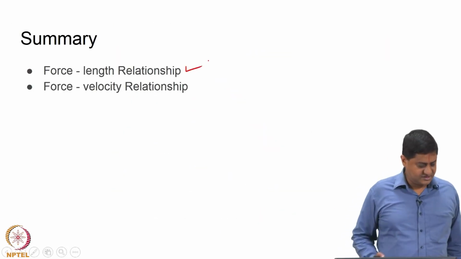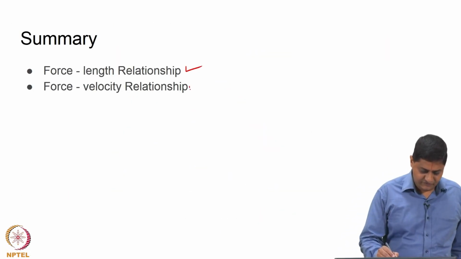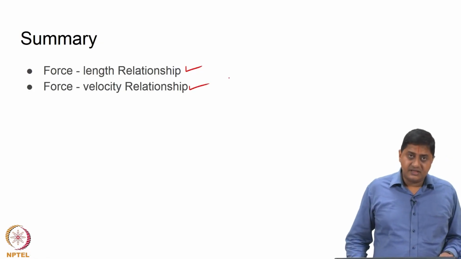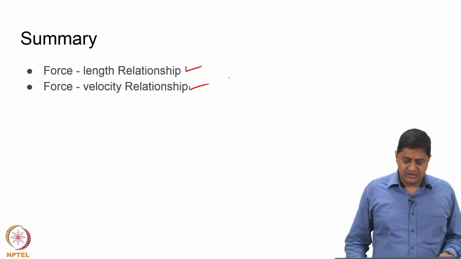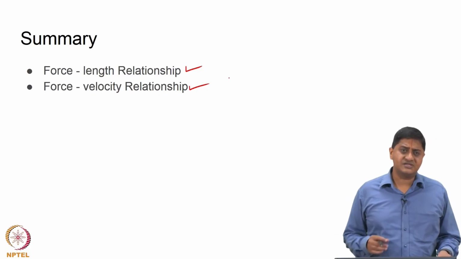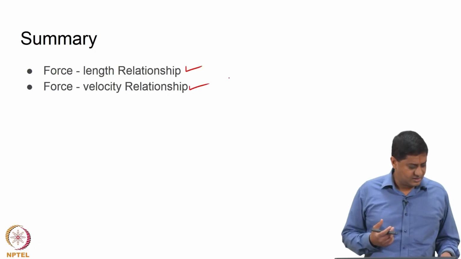Force length relationship and force velocity relationship dictate to a large extent how forces are produced within a muscle, depending on the situation. They have very important implications and consequences in biomechanics.